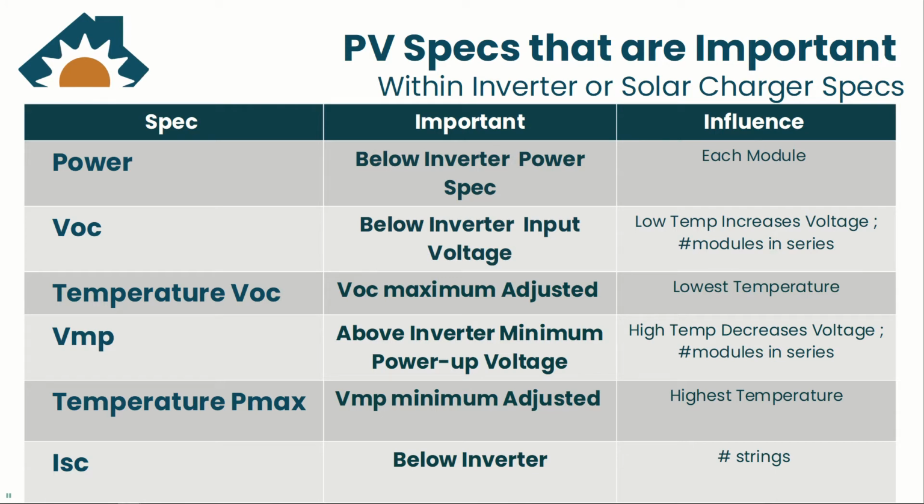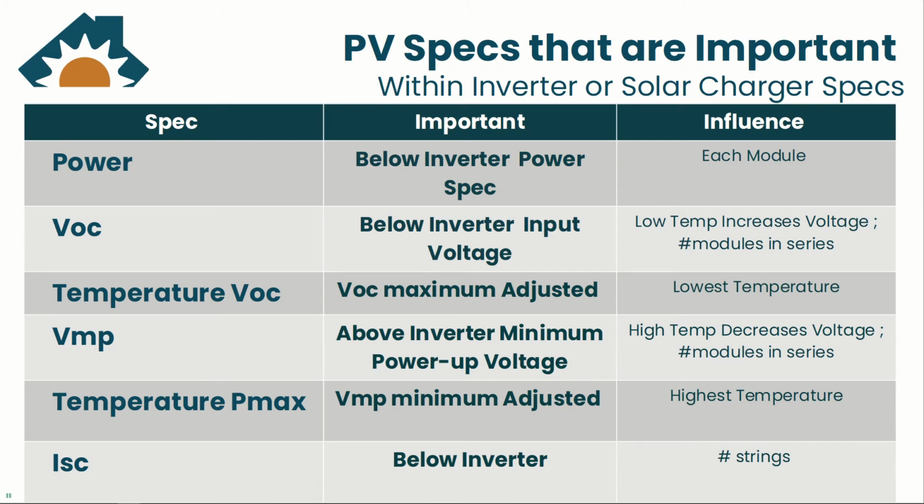You could also compare this to the lowest operating voltage, but I like to use the low end of the MPPT voltage. Use the P max temperature coefficient to calculate this. If this is not provided, then you can use the open circuit voltage temperature coefficient. Each module connected in series in a string increases that VMP.